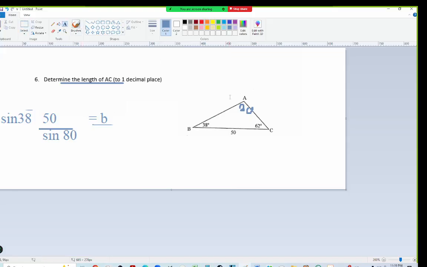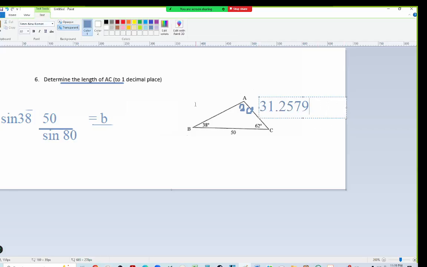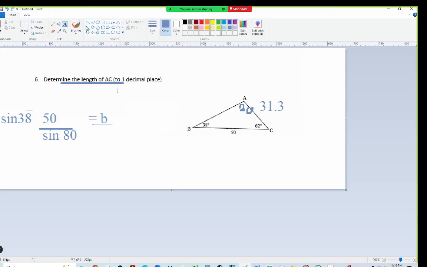One decimal place. What's after the 2? A 5. 5 and above means that number goes up. 4 and lower means it stays the same. That's the only answer possible.